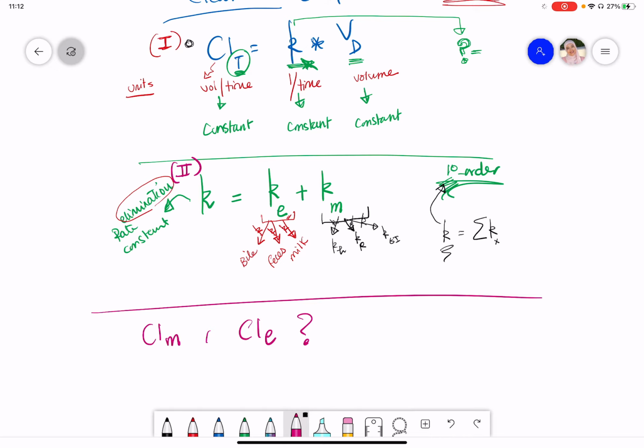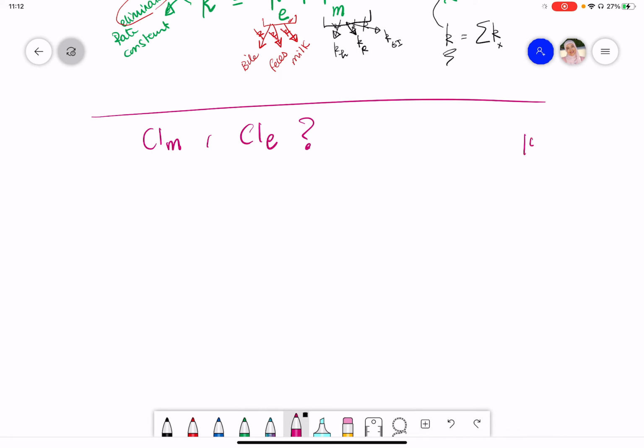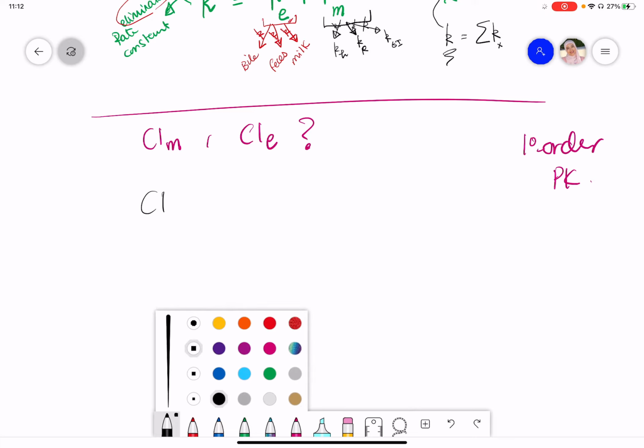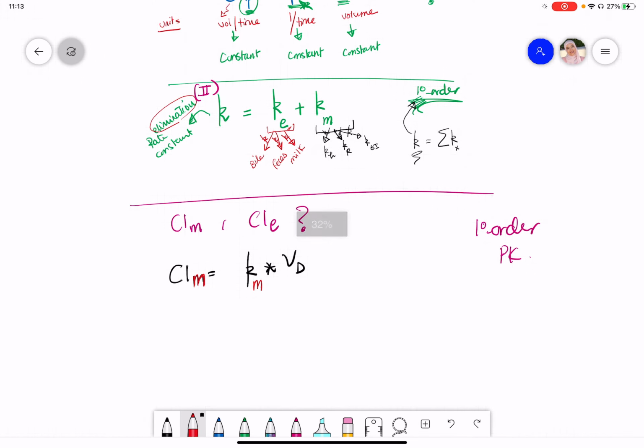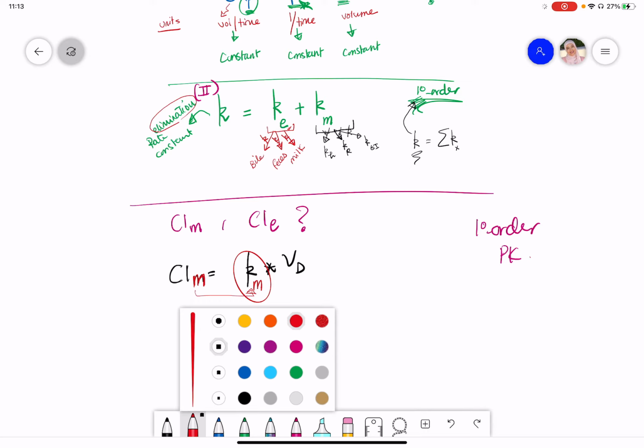Yes, we can, because under first order or linear kinetics, the metabolic clearance would be equal to its rate constant multiplied by the volume of distribution. As this is metabolic clearance, we use the metabolic rate constant, right? We need to use the constant related to the clearance that we are measuring, okay?